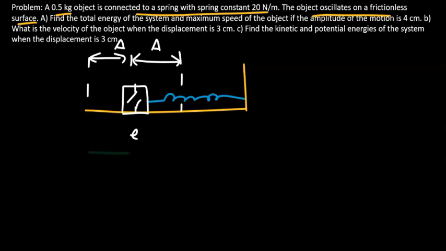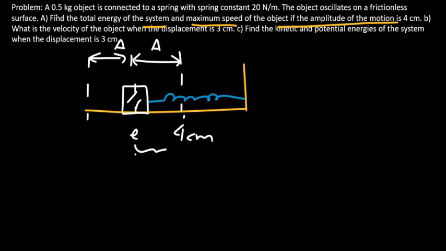So the block moves back and forth like that, about that equilibrium position. Find the total energy of the system and maximum speed of the object if the amplitude of the motion is 4 cm. So that means this point and that point is 4 cm measured from the middle. So this is the 0 cm mark, and that is minus 4 cm.